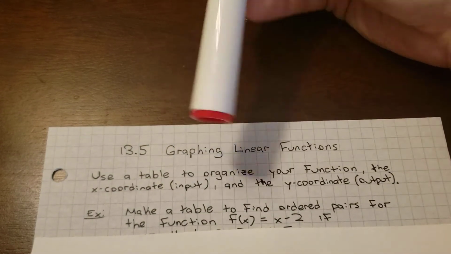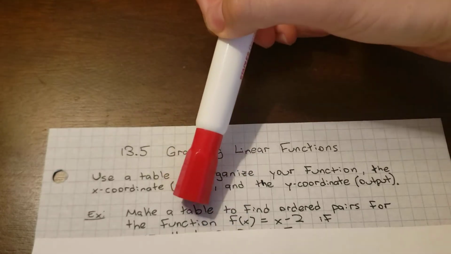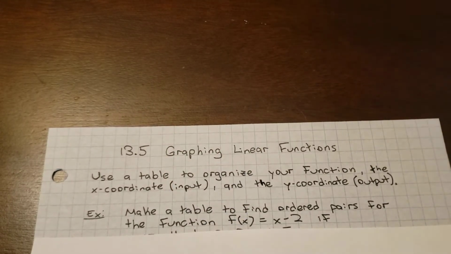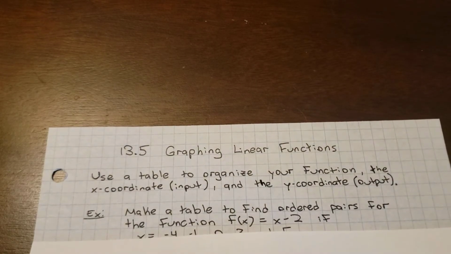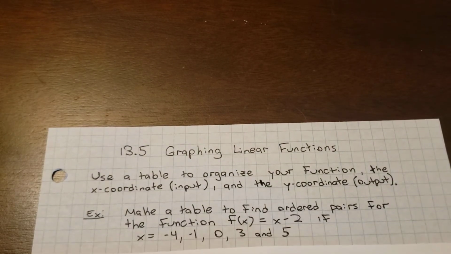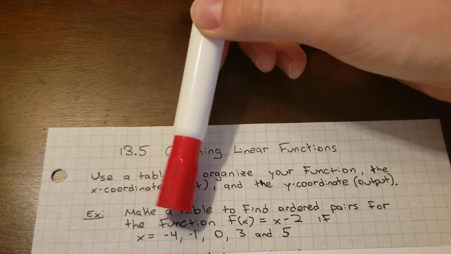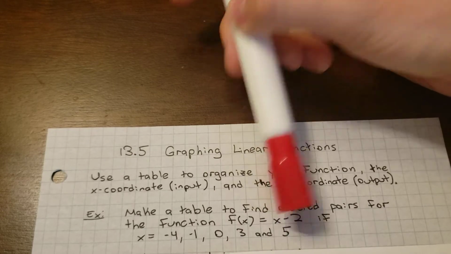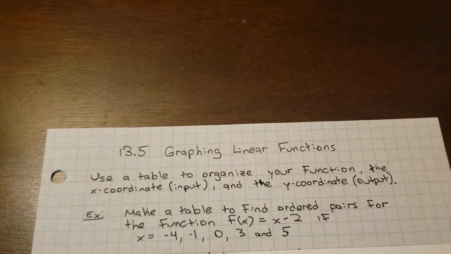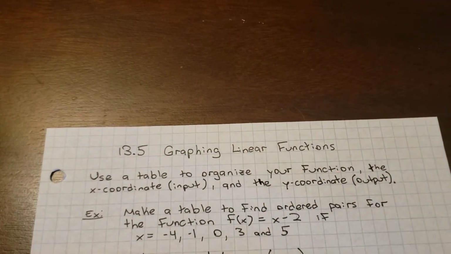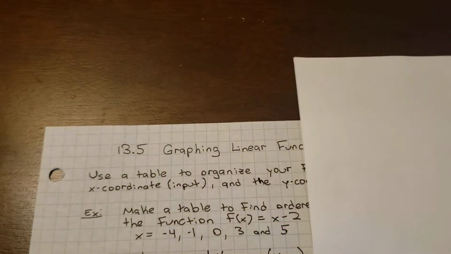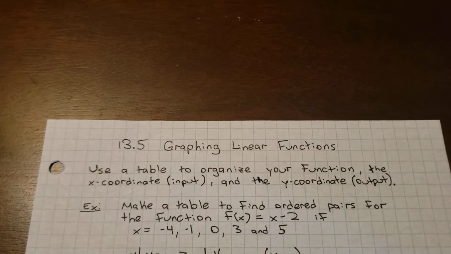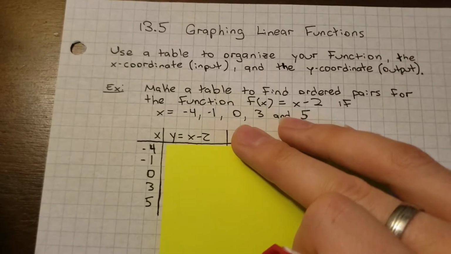Make a table, so again, this is one of those T-charts, to find the ordered pairs for the function f of x equals x minus 2 if x equals all of these values. So what we're going to do is use these values and apply them into this function here.